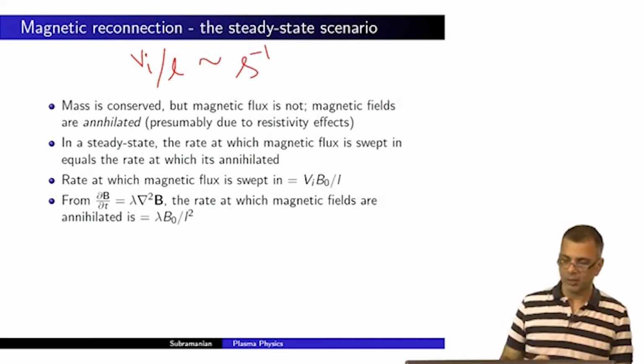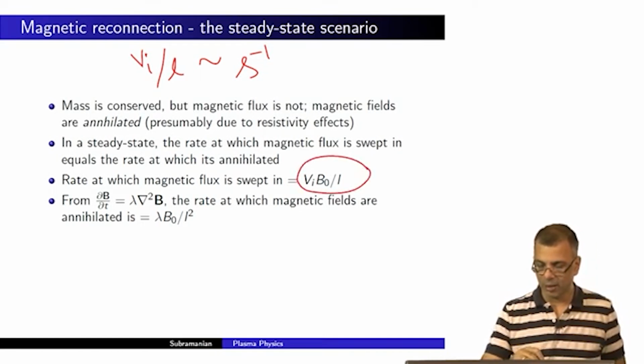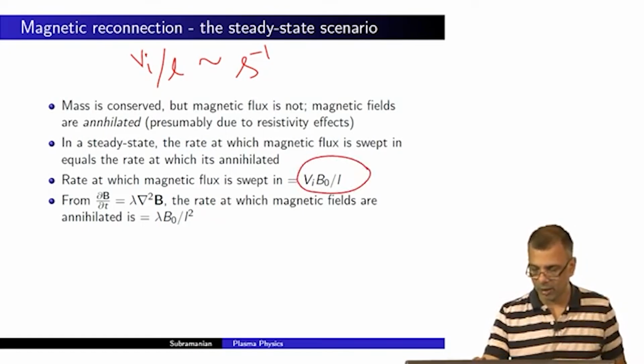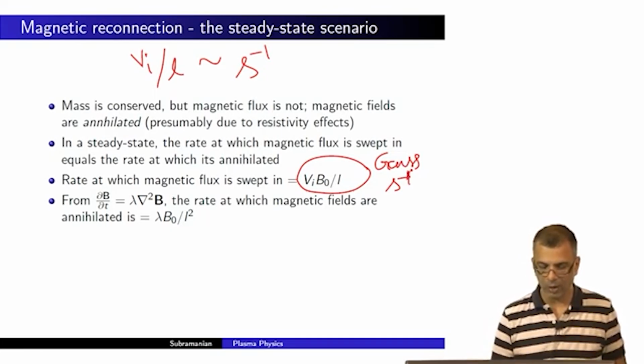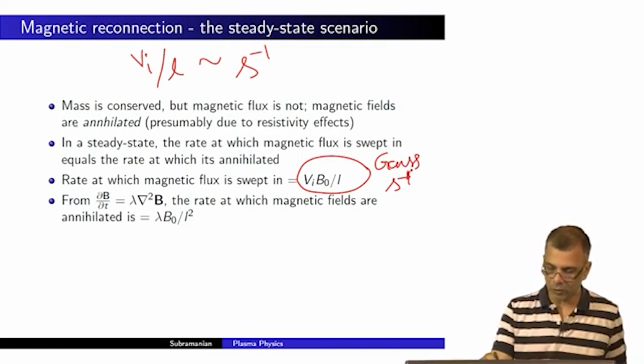You agree with that? So this gives you Gauss per second. Now, this is the rate at which magnetic flux is swept in.